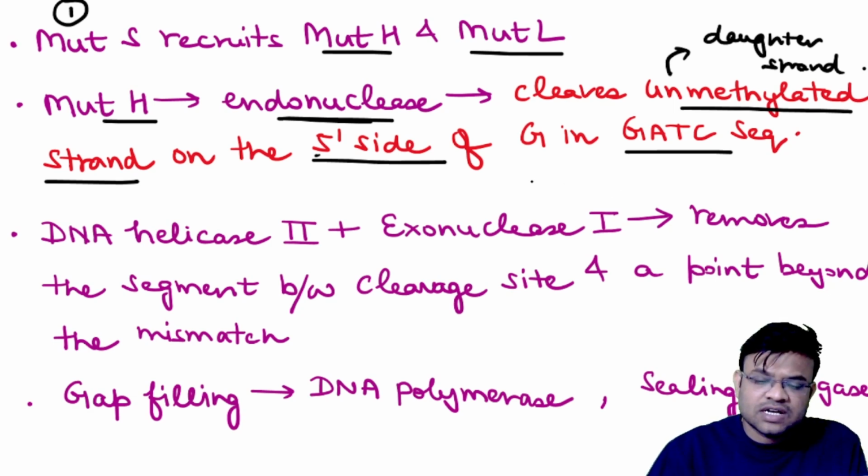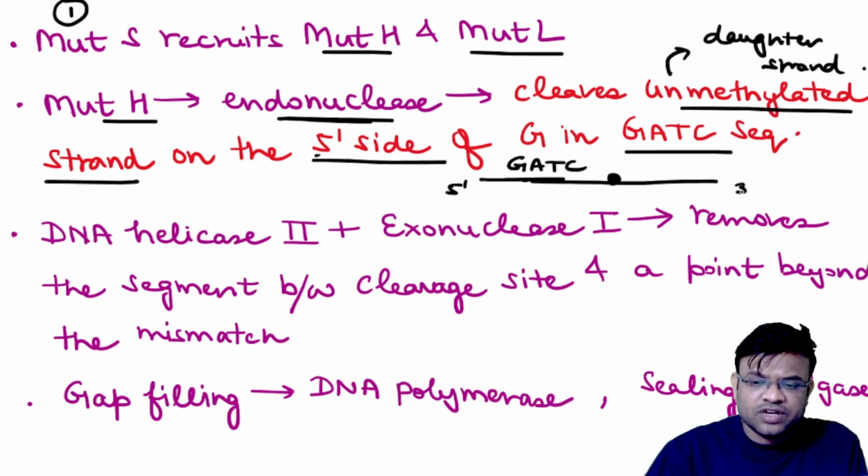So suppose this is a lesion over here, and let us say that this is your GATC, this is your 5' end, this is your 3' end. So it cleaves the unmethylated strand on the 5' end of G. 5' end means G over here.